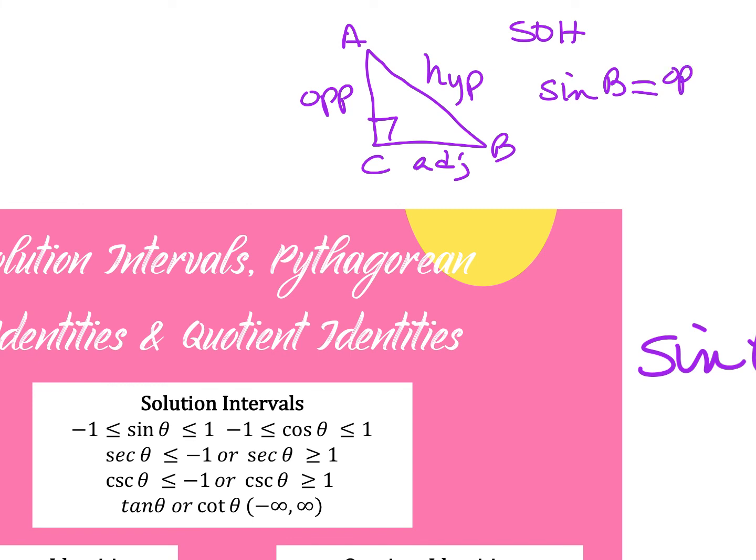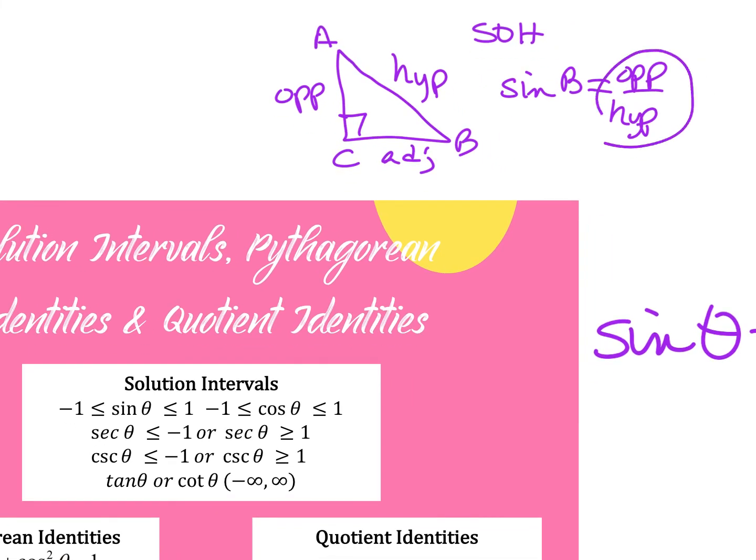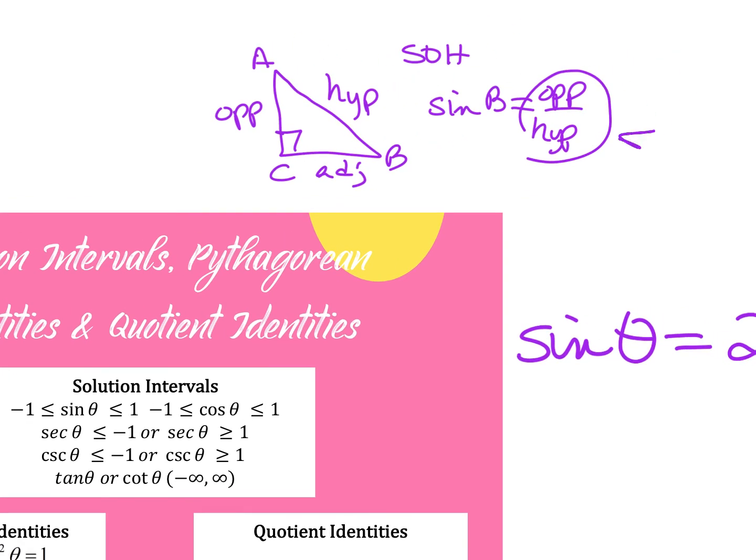So opposite over hypotenuse. And then if you think about it, the hypotenuse is always the biggest side. So this answer was always a fraction because the hypotenuse is always the biggest side. And then the opposite side would have always been smaller.